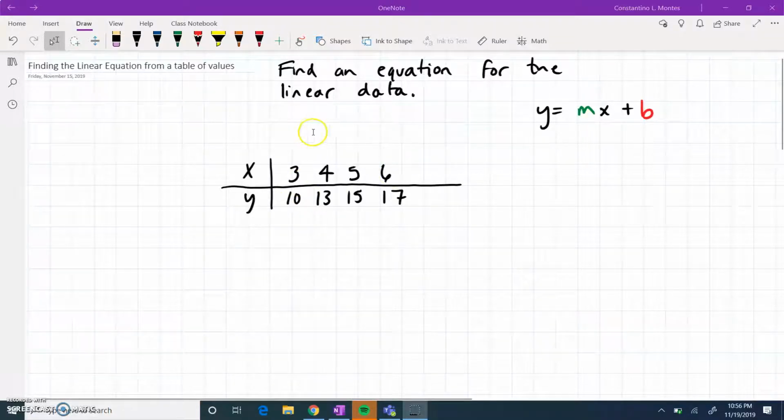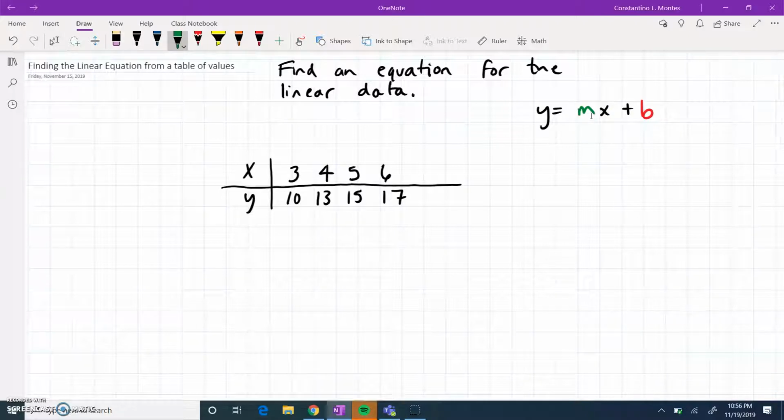All right, so before we start this, we need to go back and take a look at the equation of a line. Now, the equation of the line that we're going to be looking at is slope-intercept. It's the easiest one to work with. Basically, we have two parts that we need to find, and I've color-coded them for your convenience.